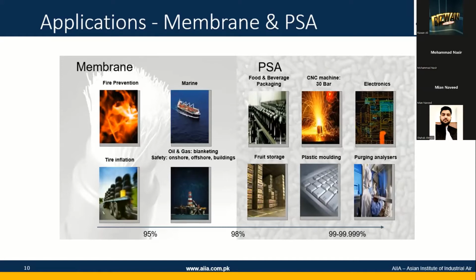So when we talk about the food and beverages, and we talk about the CNC machine or the electronics or the food storage, these are the areas where you require a high purity nitrogen gas. So to produce the high purity nitrogen gas, we use the PSA technology. How it works, I'll explain later. There is a video on the PSA technology, which I would like to show you at the end of this webinar session, so that you can have a very good idea of how it works.